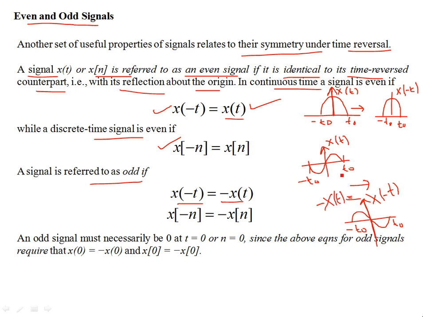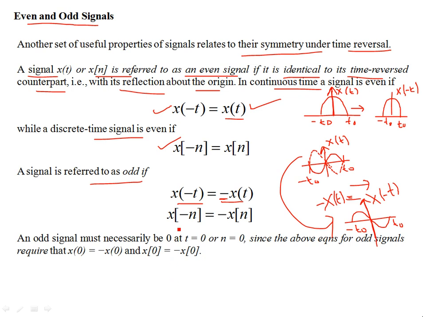If you multiply with a negative sign, the amplitudes on the negative time axis come up and the amplitudes on the positive time axis come down, which is exactly what is happening here. So for odd signals, the flipped version is the same as the original signal, except that the original has to be multiplied by a negative sign.